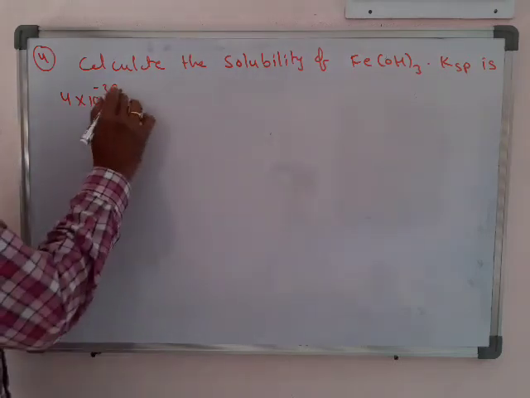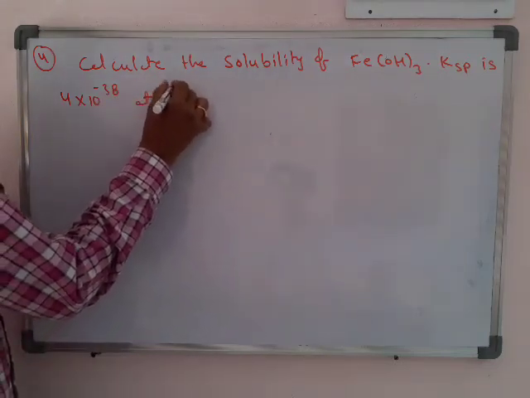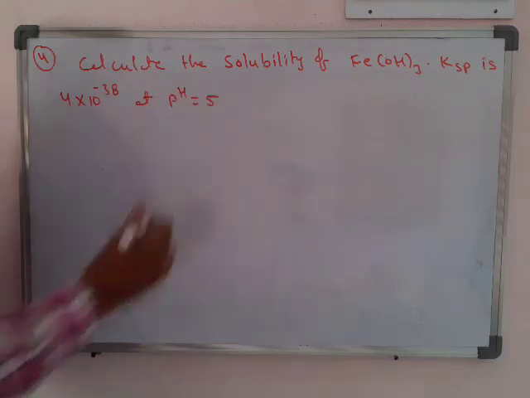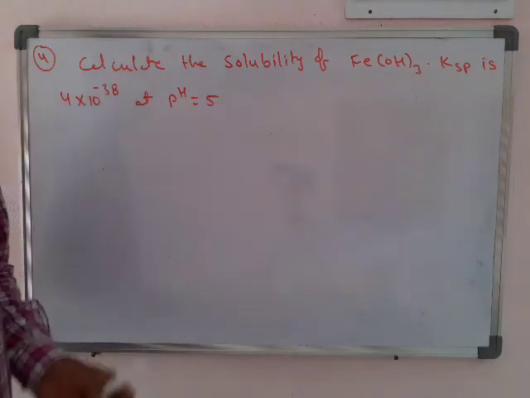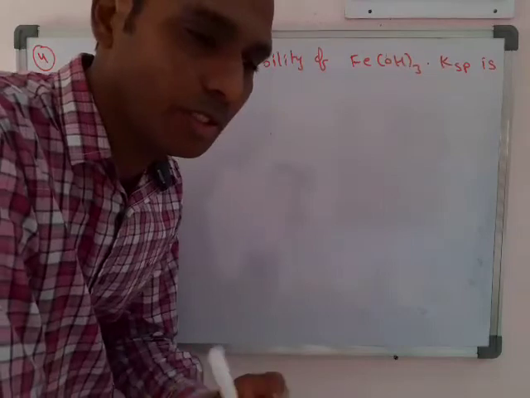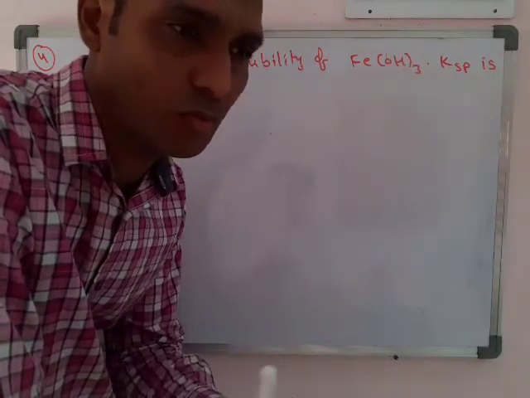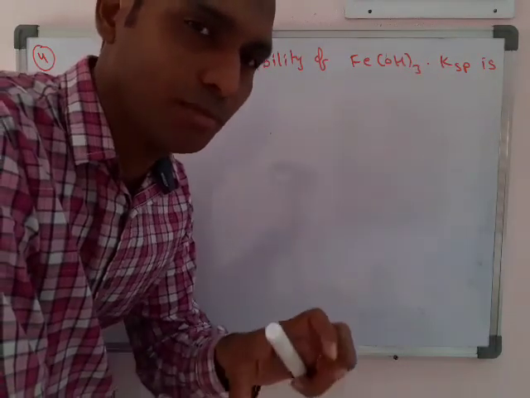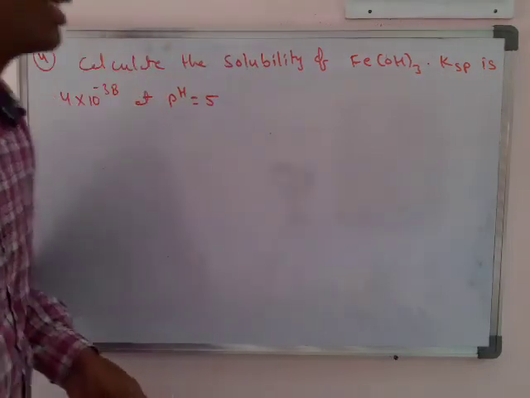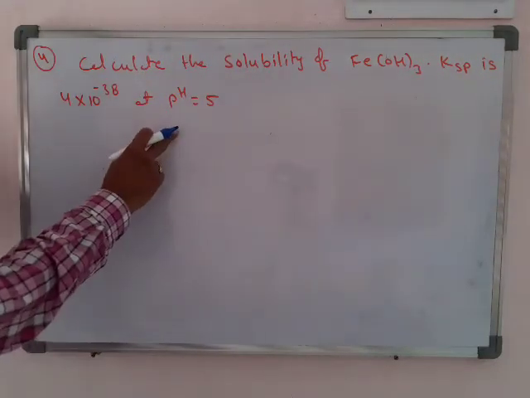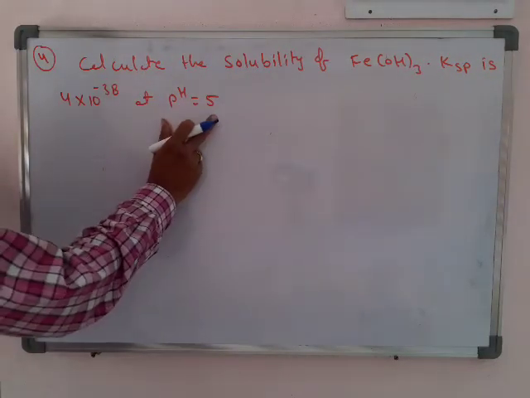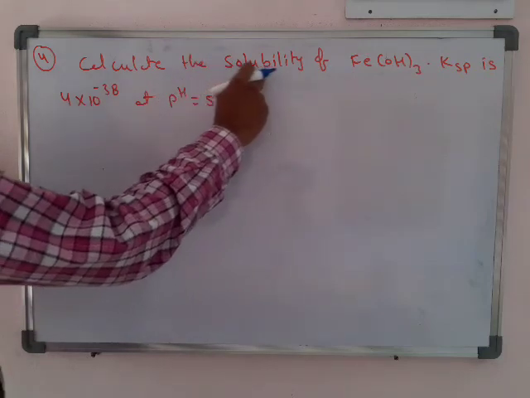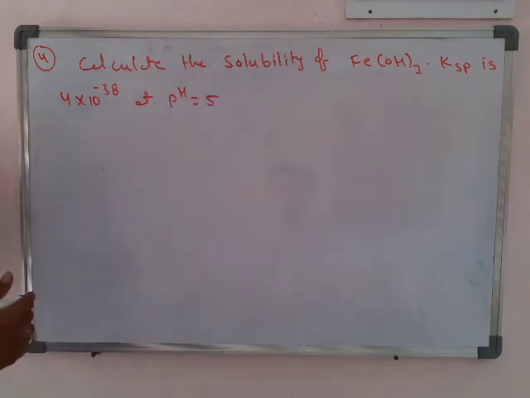What is the difference is we have to calculate this at pH equal to 5. Already in normal problems, without giving pH, we have done many problems. But in this problem it is separately mentioned that pH equals 5. At pH equal 5 solution, we have to find the solubility of ferric hydroxide.